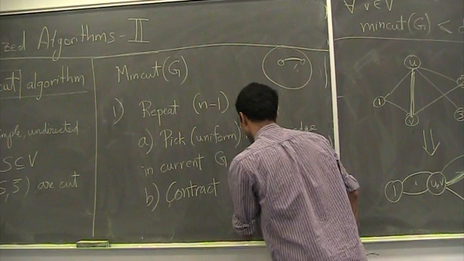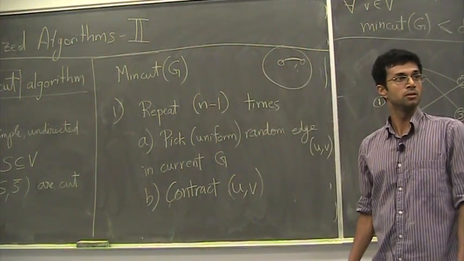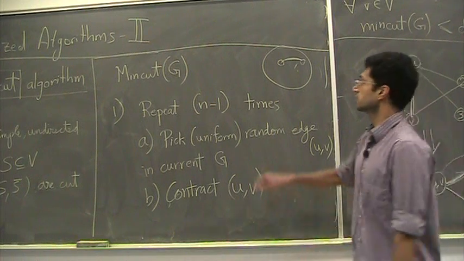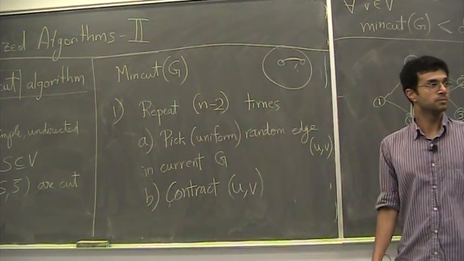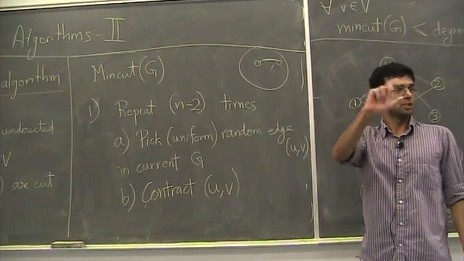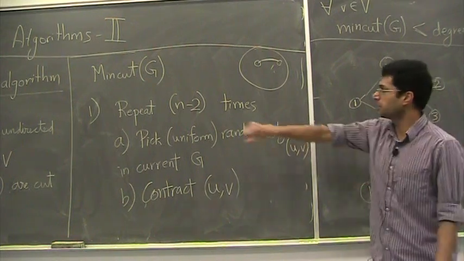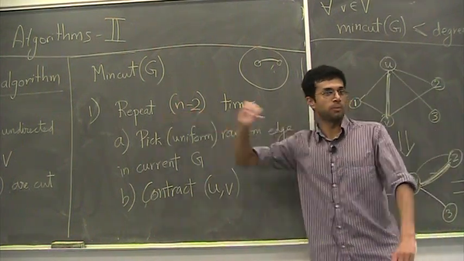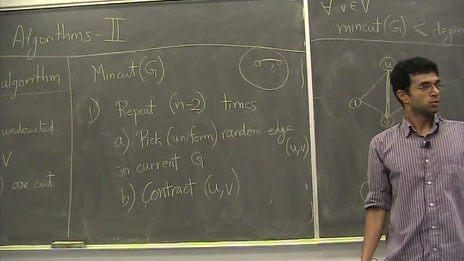Contract UV. Okay, so maybe I should make this n-2 times. So you pick a random edge, you contract it. Then you pick a random edge, you contract it. You just keep doing this. How many vertices are you left with after n-2 iterations? 2 vertices, right?